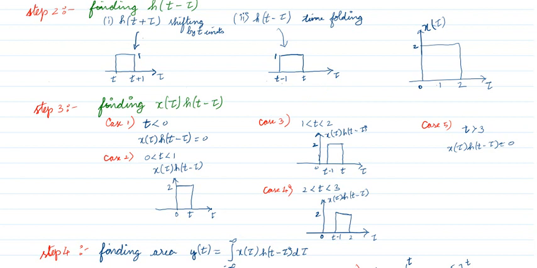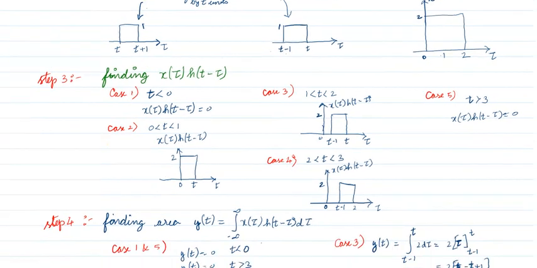Now the last case, I am increasing beyond 3. Beyond 3 means what happens? 3 minus 1 is 2, and this is going up to 3 and beyond. The product of these two is always 0, right?